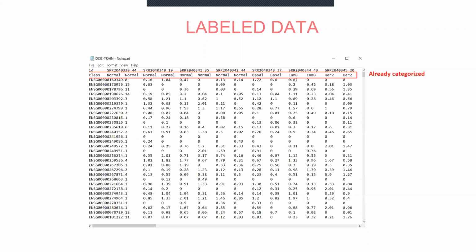You can see that it actually has just another column that is marked as class. So in this column, we have non-unique names. What does that mean? It means that we have categories that are identical to each other, but different from other categories. For example, we have a normal category. So each one of them is labeled equally, just normal, normal, normal, normal, etc. And the same goes for basal, luminal B, or any other.